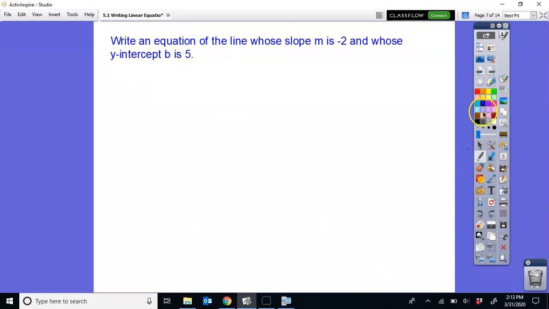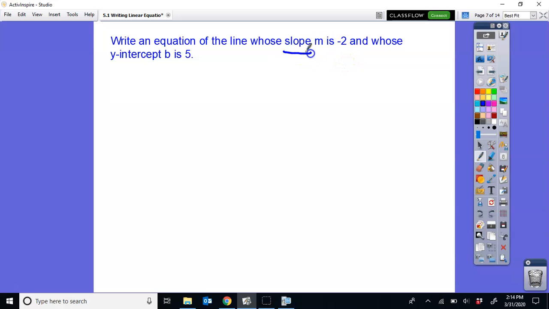First problem. This is what it's going to look like when you do one of these problems on a quiz or a test for me. It's going to say write an equation of the line whose slope m is -2 and whose y-intercept b is 5. Now this one is very, very explicit in what it tells you to do. It's very straightforward.